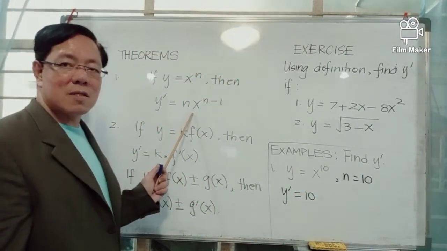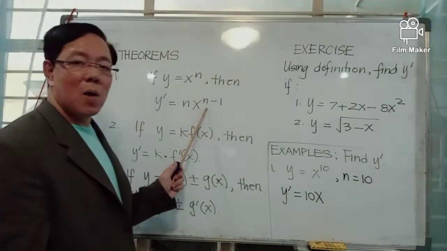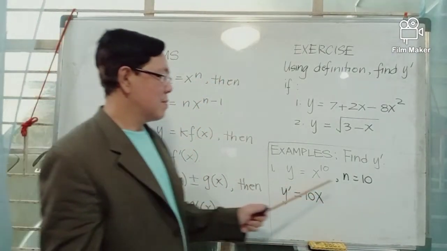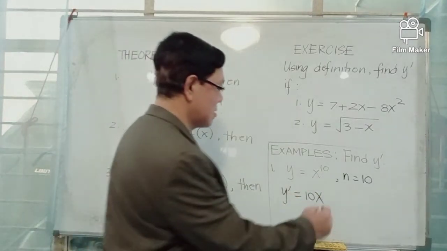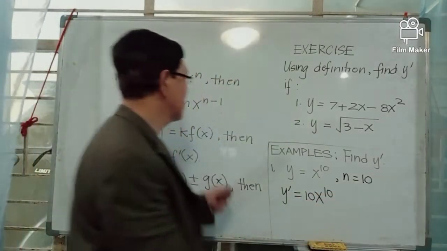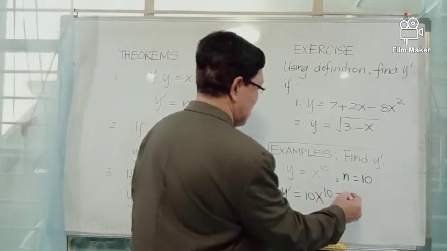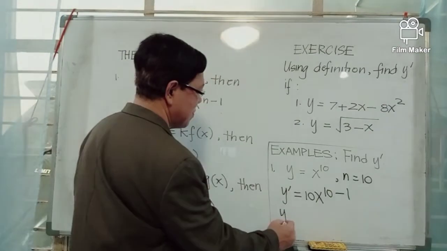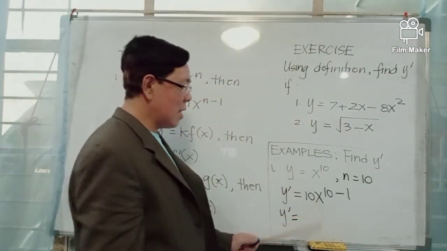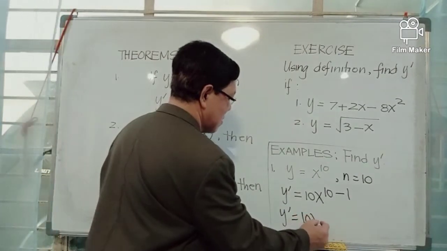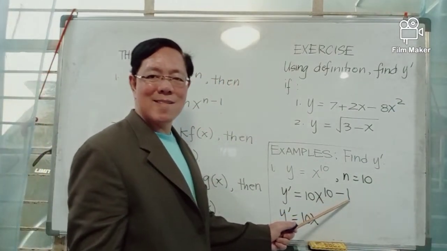multiplied by x to the power n minus 1. And n is 10, the exponent of x. Always subtract 1. And y prime is equal to 10 multiplied by x to the power 10 minus 1, which is 9.